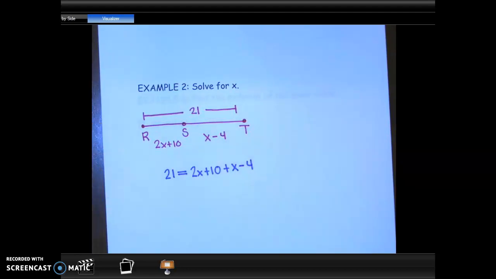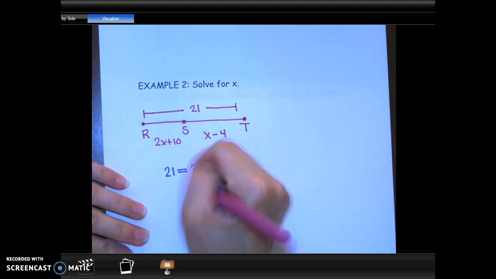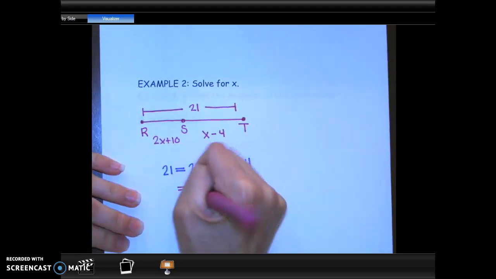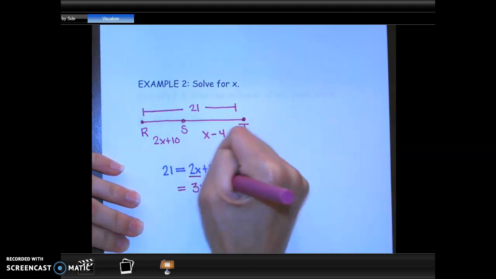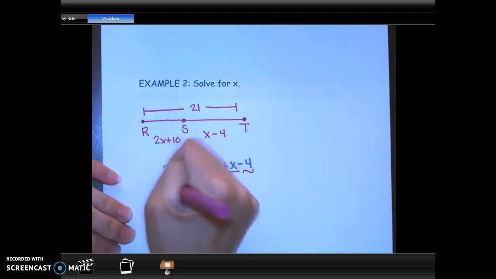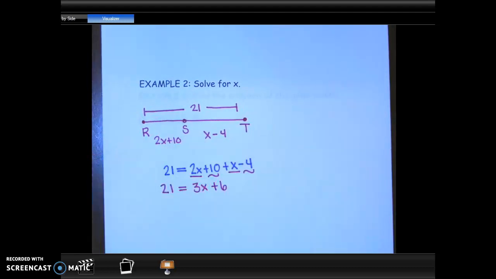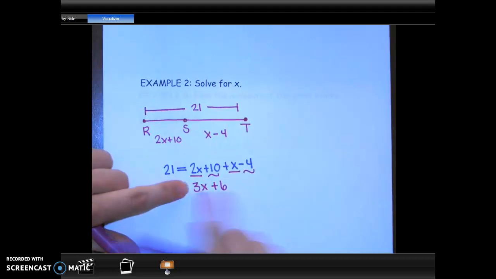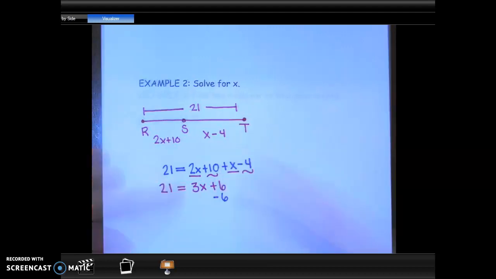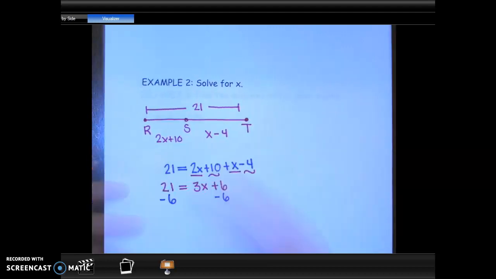So now you need to combine like terms and solve for x. So let's start by combining like terms. So we have 2x and x. That gives us 3x. And we have 10 minus 4, which gives us 6. Alright, now let's do some opposite operations here. We want to start outside x and move in. So the first thing outside of x is a plus 6. So we're going to subtract 6. Whatever we do to one side, we must do to the other.